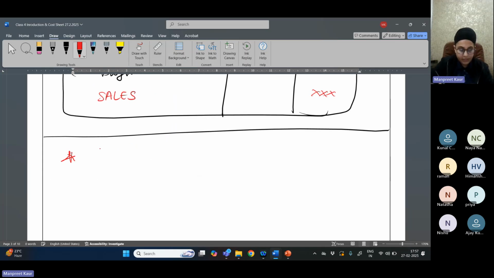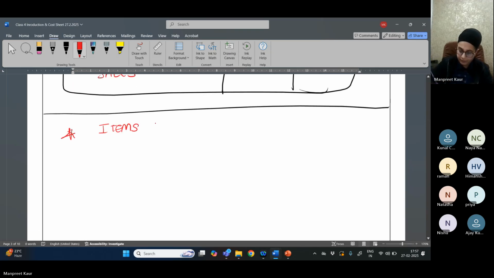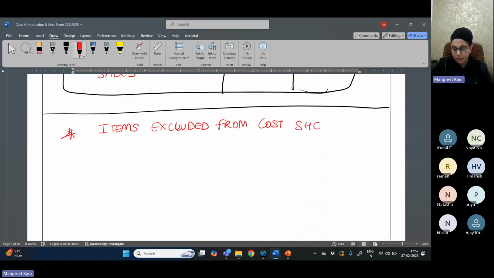Next, our topic is items excluded from cost sheet. This is a very, very important topic.